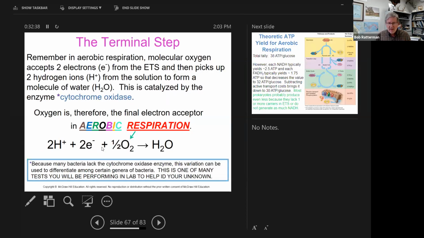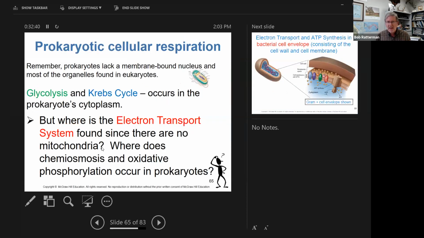Now, the other thing that I failed to mention is, where does this happen in a prokaryotic cell? I hope you know the answer. If you've watched the PowerPoint, you should know. Because prokaryotes don't have mitochondria. You all know that. If you don't know that, you're in big trouble. We said this months ago.